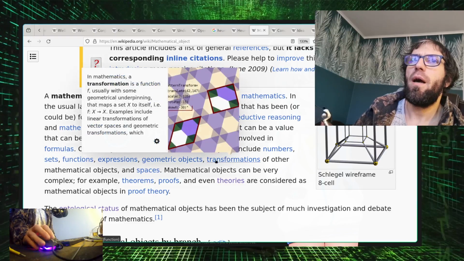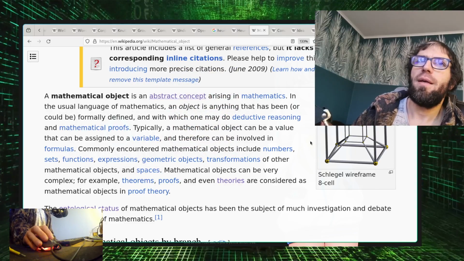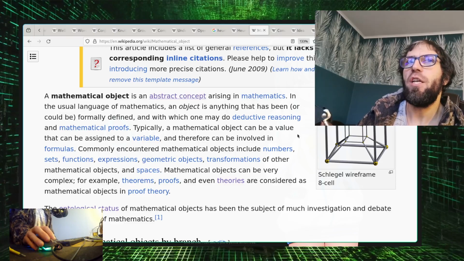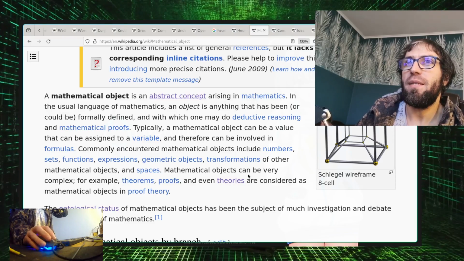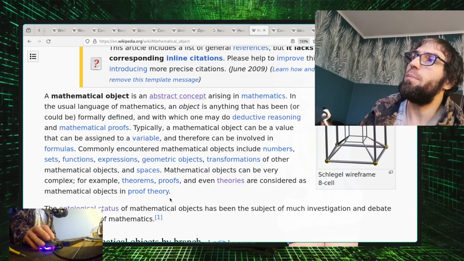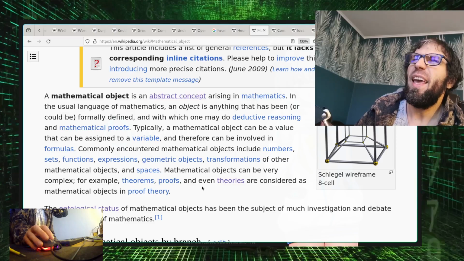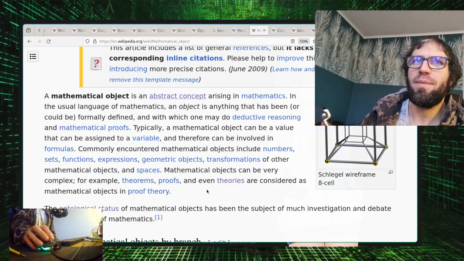Commonly encountered mathematical objects include numbers, sets, functions, expressions, geometric objects, transformations of other mathematical objects, and spaces. Mathematical objects can be very complex. For example, theorems and proofs themselves can be seen as mathematical objects, and even all the theories can be seen as mathematical objects.